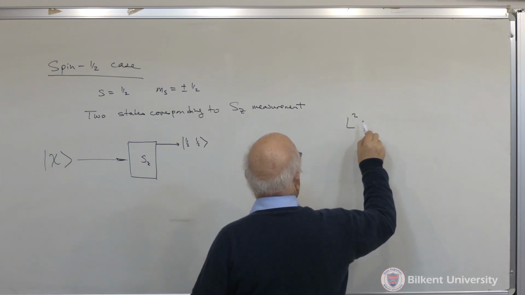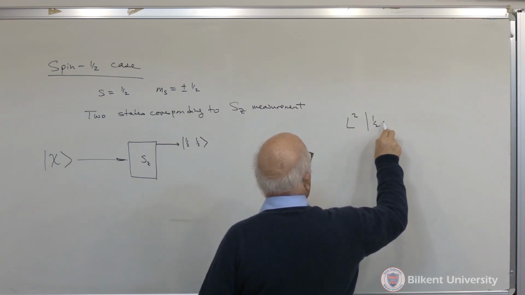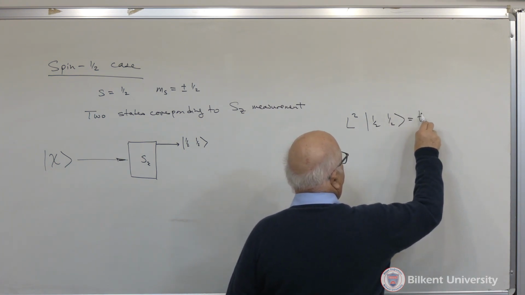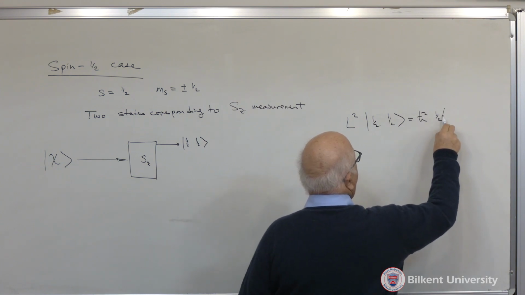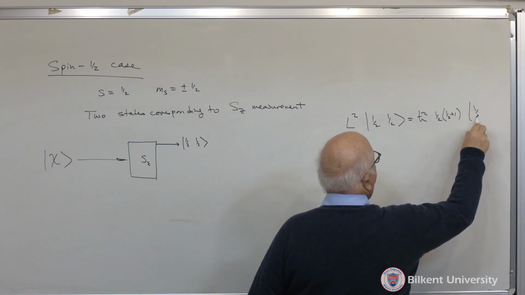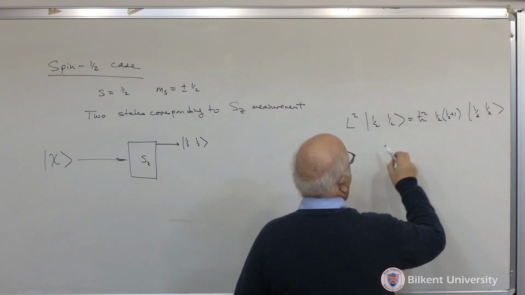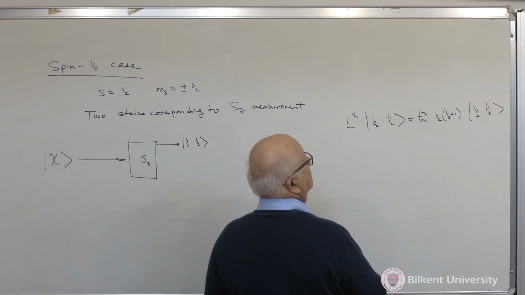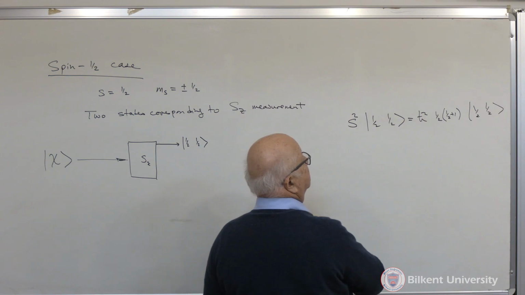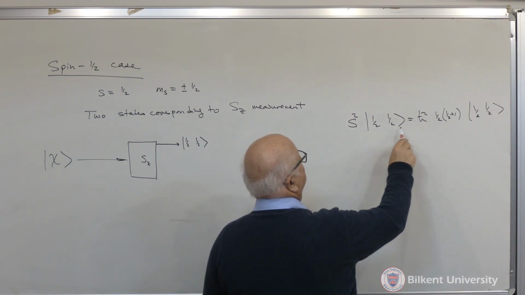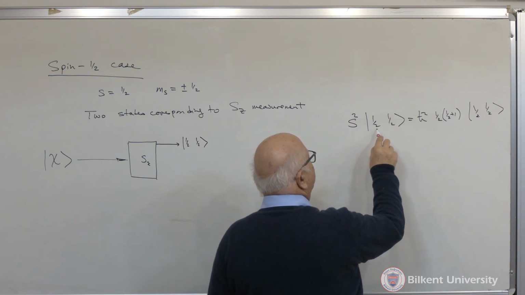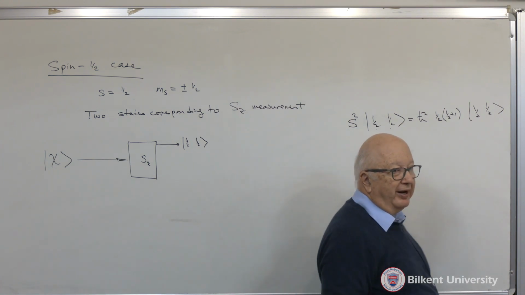So S squared on 1/2 is equal to h bar squared, 1/2 plus 1 times 1/2. Is it an S squared, not L squared? Yes, S squared, thank you. I'll make this mistake a lot. So this is the total angular momentum. So you see, after a point it becomes tiring to write 1/2.